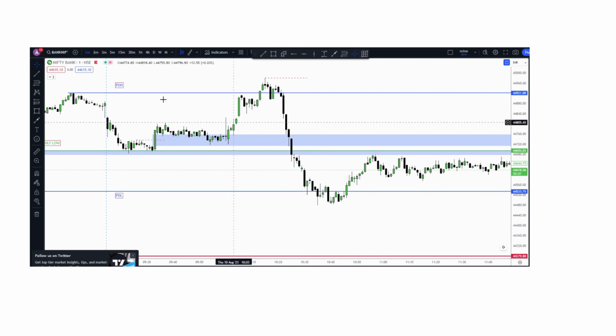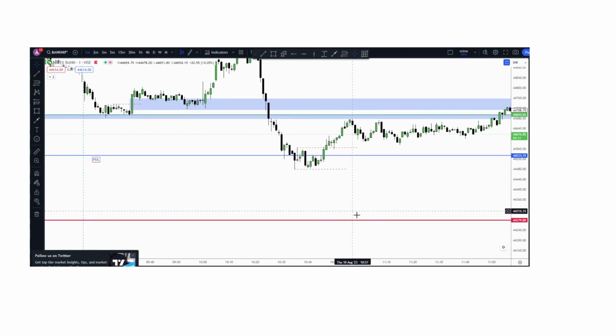So you can see price came down, it created this low, it created this low, and then it created this high. Created this high.